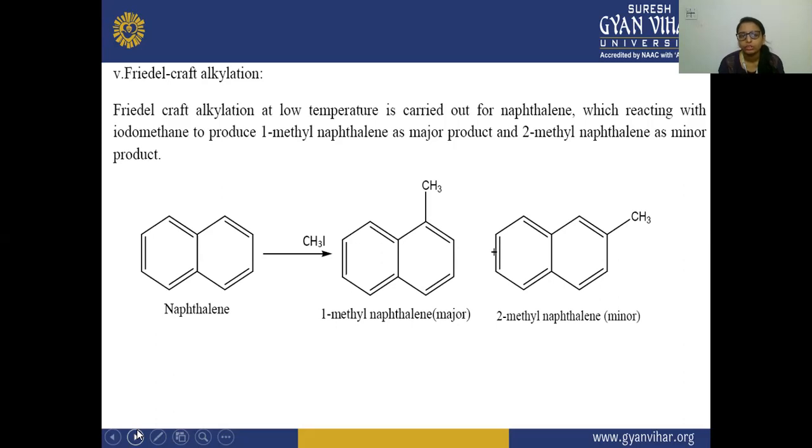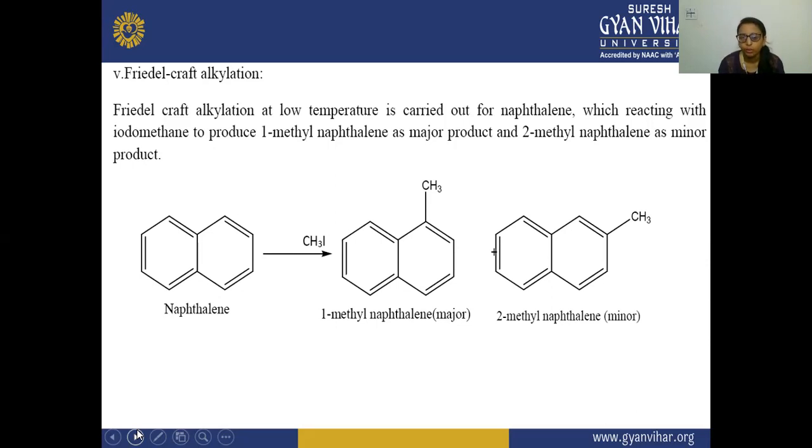So in this Friedel-Crafts alkylation that has happened at low temperature, naphthalene is reacting with iodomethane, or methyl iodide, and there it is forming 1-methyl naphthalene, and there is also a formation of 2-methyl naphthalene.